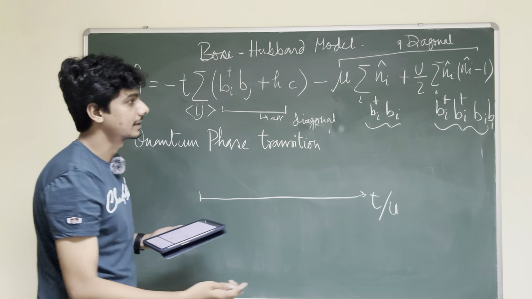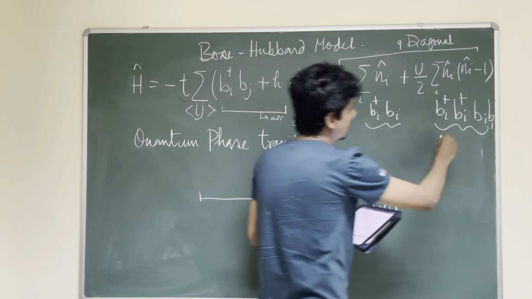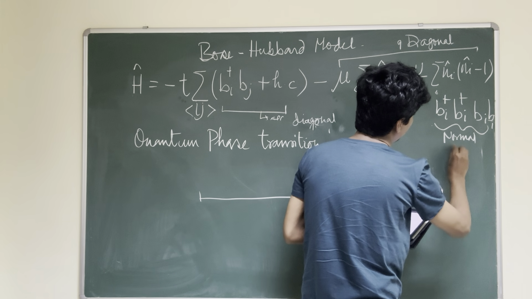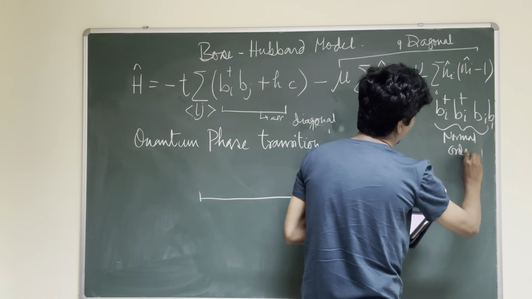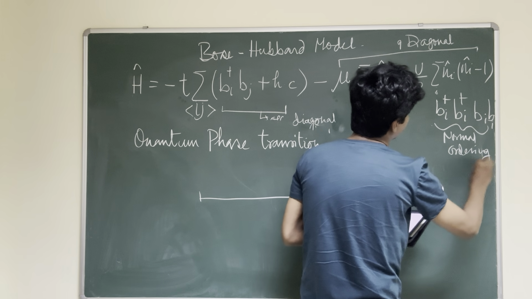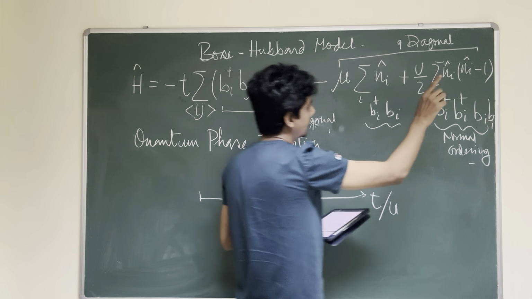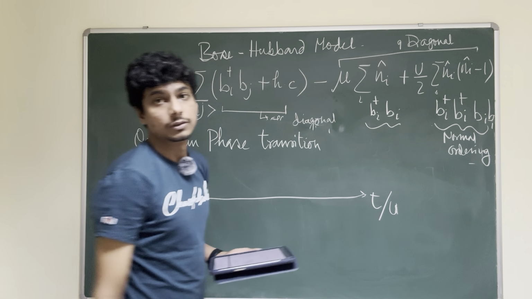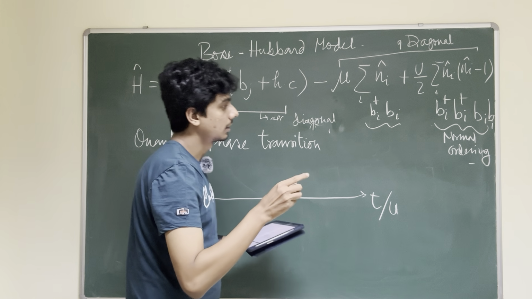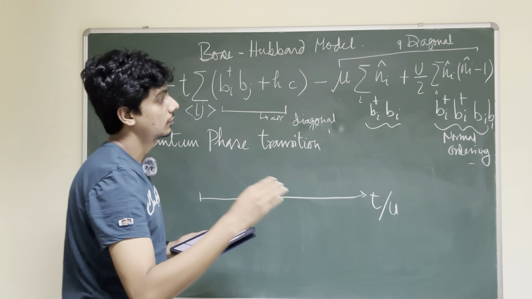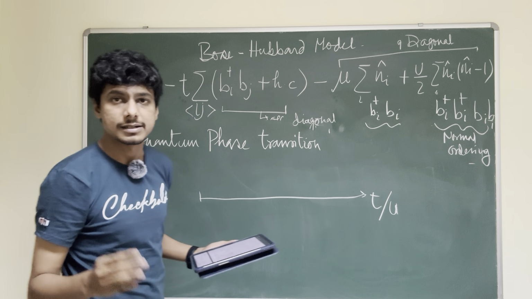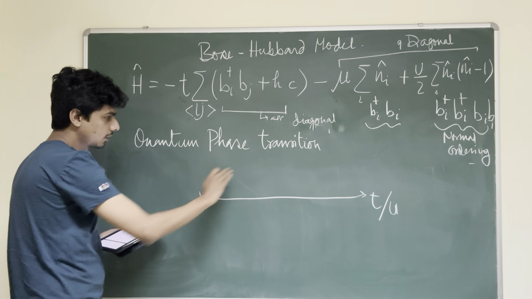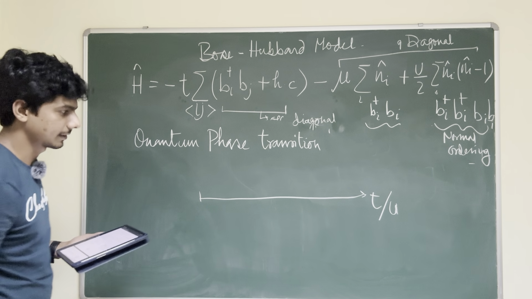If you make the normal ordering, then I guess this U/2 gets cancelled out due to the commutation relation. The commutation relation allows us to deal with the free energy and all that. So how do we realize the quantum phase transition?